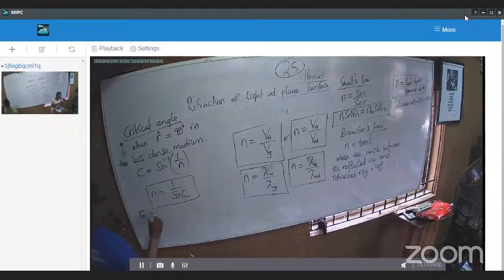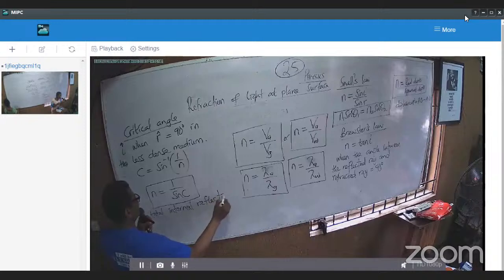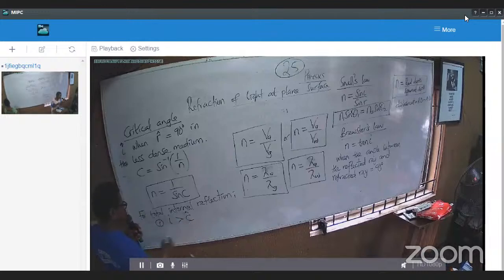For total internal reflection to occur, we all know what happens. Number one, I must be greater than the critical angle. Number two, light must travel from where? Denser to less dense. No story, just synoptic form.